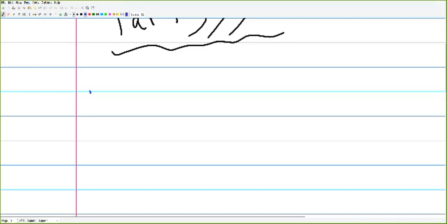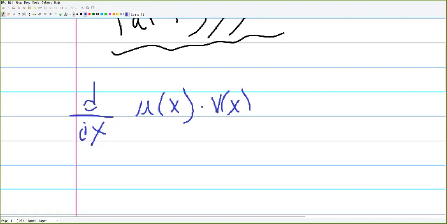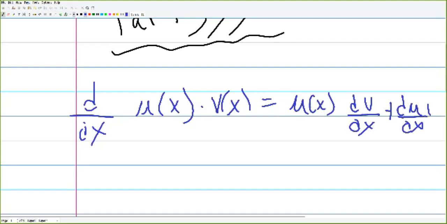We had the derivative d over dx of two functions, u of x times v of x. These are arbitrary names, but they are the most usual ones. So we have d over dx of u(x) times v(x), and we know that that is the same thing as u of x dv over dx plus du over dx v.